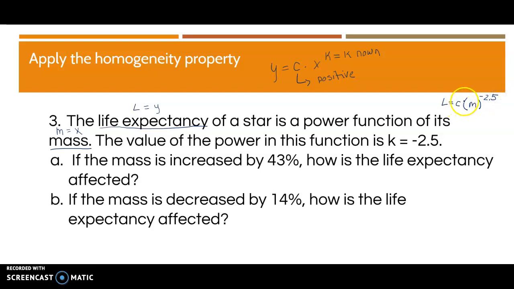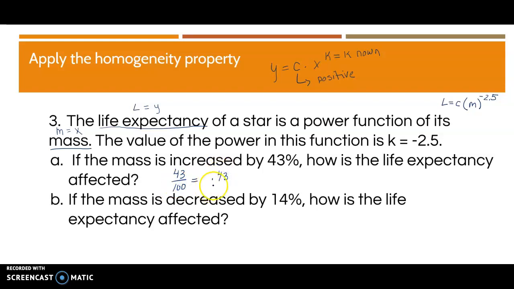What we have in the homogeneity property is that if we multiply the input x by anything, then we have to take that same number, called a factor, to the k power to see the impact over here on y. So we have here that the mass is increased by 43%. When we're dealing with a percent, we need to change that to a decimal. So 43 divided by 100 is 0.43.